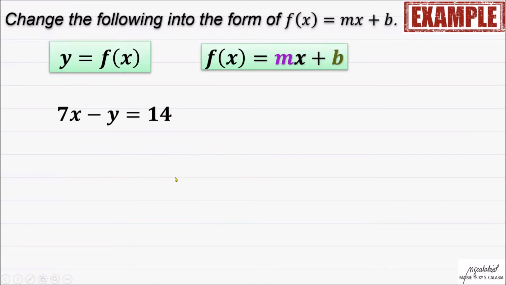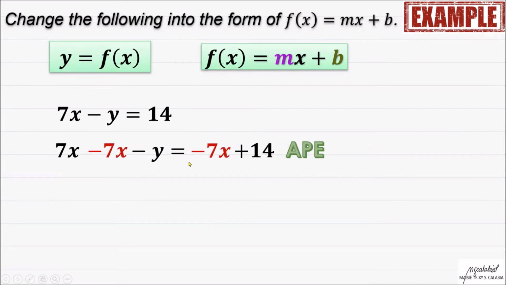7x minus y equals 14. So we have here the additive inverse of 7x, which is negative 7x. Add it here, and then on the other side too. Cancel. So we have now negative y is equal to negative 7x plus 14. So we need to multiply it by negative 1 because your y here is negative.